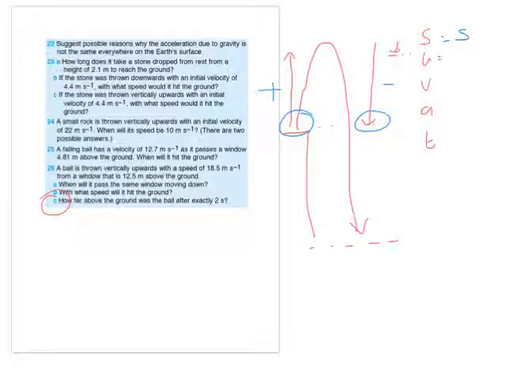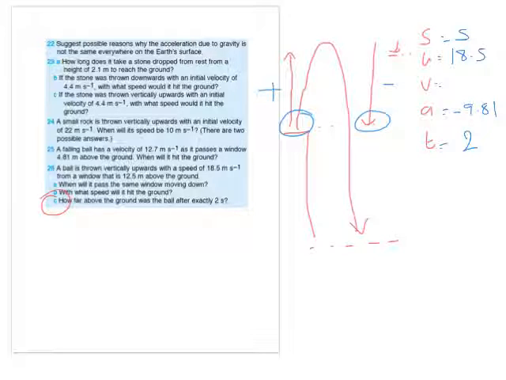Our initial velocity is 18.5, positive, our final velocity, we don't know. Our acceleration is minus 9.81. And our t is 2.